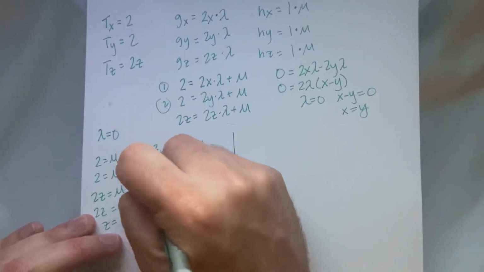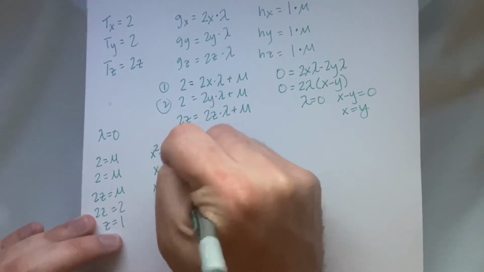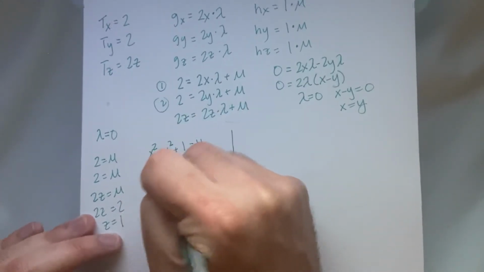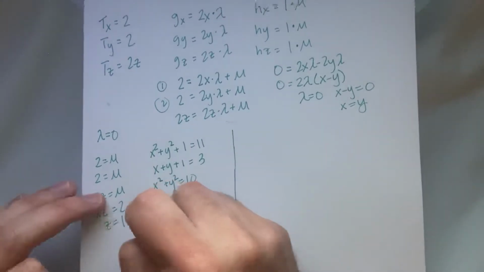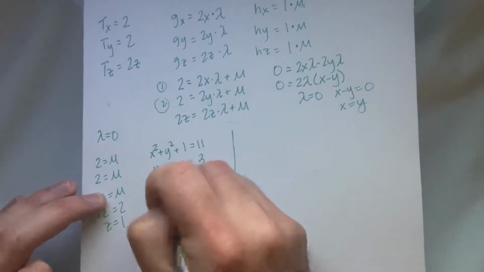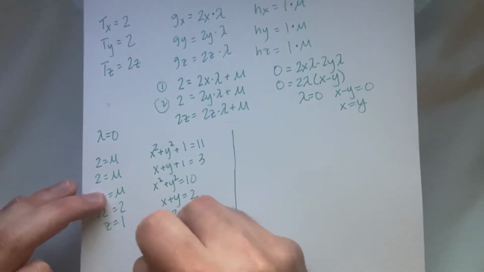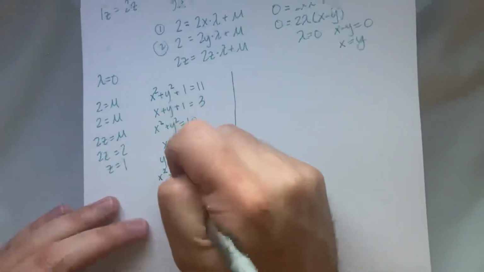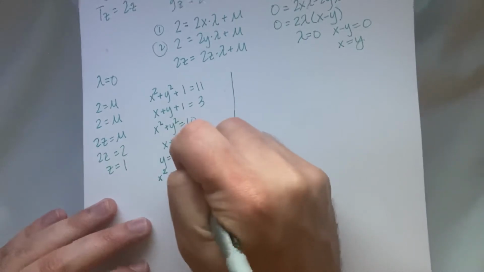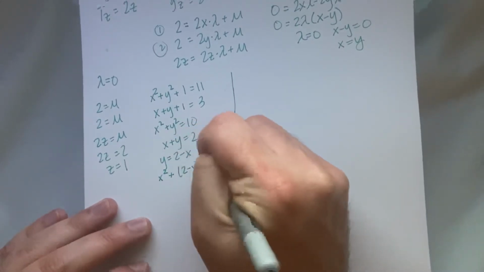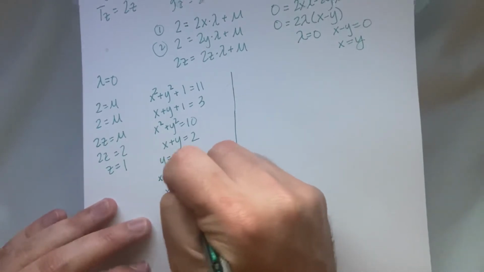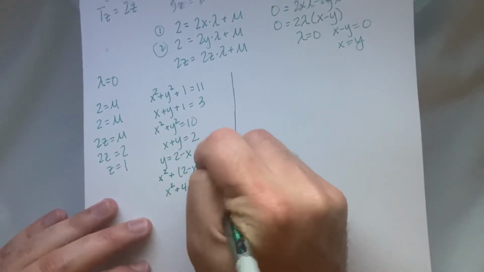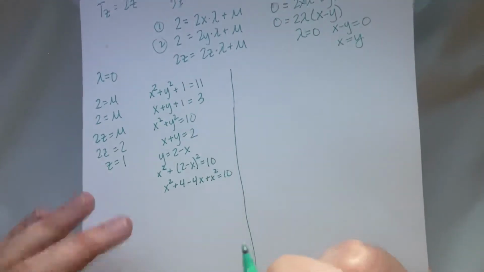So that means x squared plus y squared is 10, and x plus y is 2. Using substitution, say y is 2 minus x and sub it in. So x squared plus (2 minus x) squared equals 10. So x squared plus 4 minus 4x plus x squared equals 10.